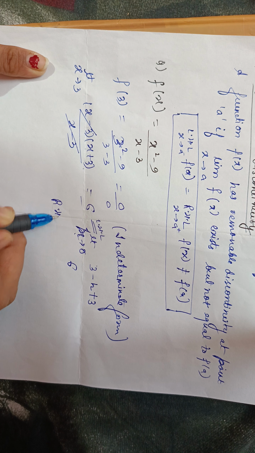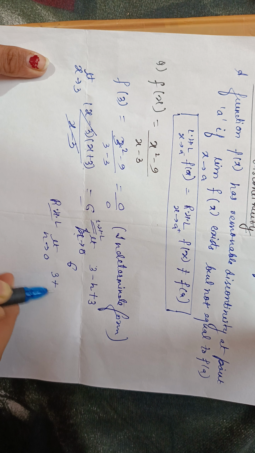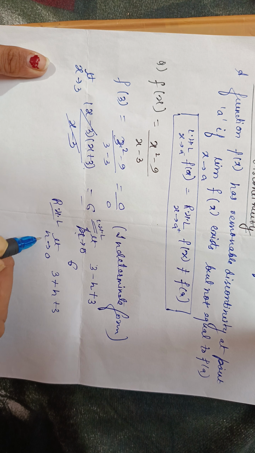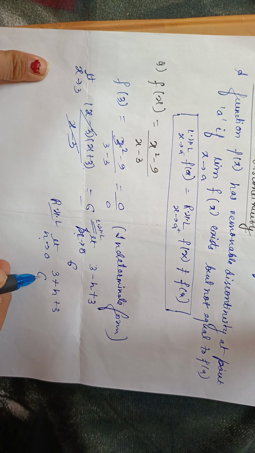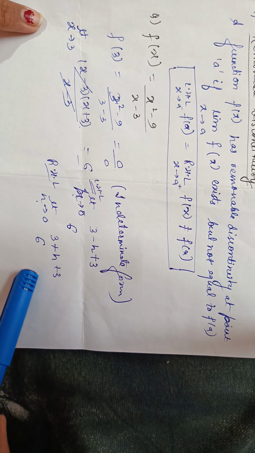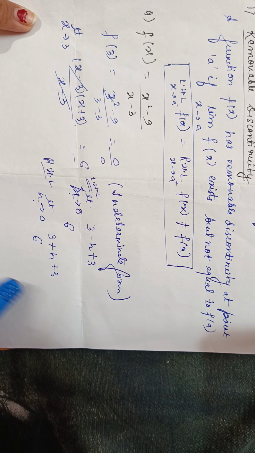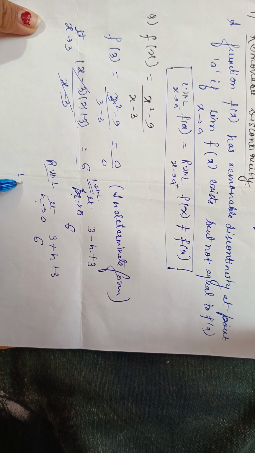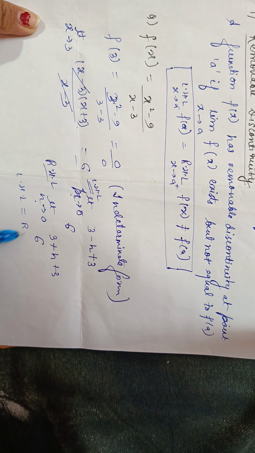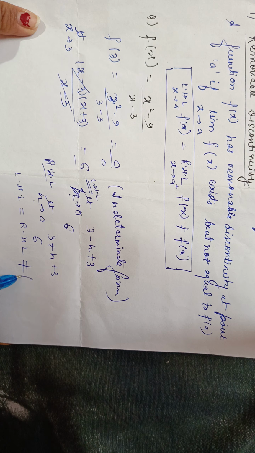Similarly in RHL, limit h tends to 0, 3 plus h plus 3, when you put h tends to 0 you get 6. Okay, so we see here that LHL is equal to RHL, but this is not equal to the functional value.